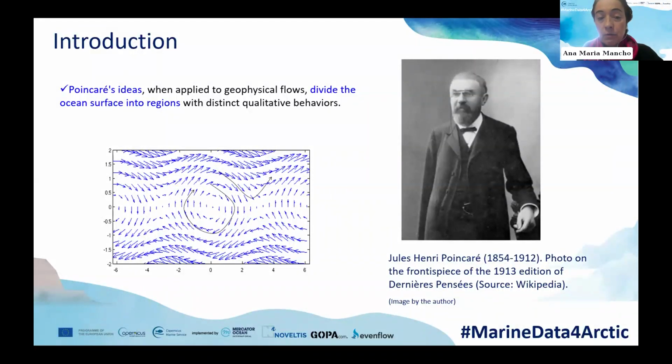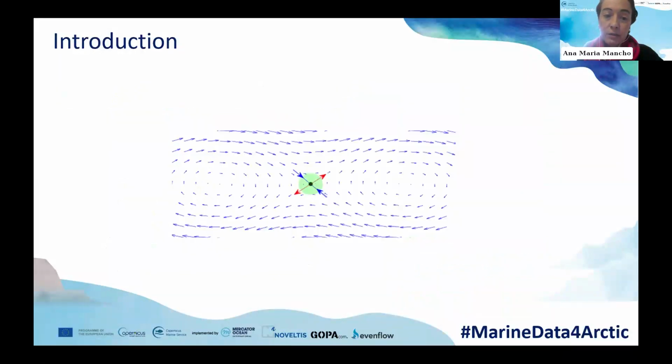So within a partition, all fluid parcels behave similarly, and fluid parcels that belong to different partitions behave in a very different way. So this is the idea, to find this kind of partition in the ocean surface that groups particles with similar behaviors and separates particles with different behaviors.